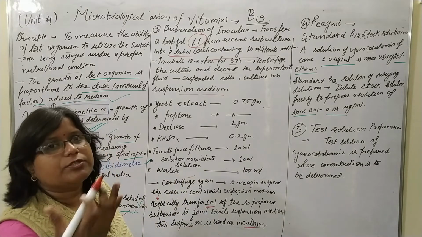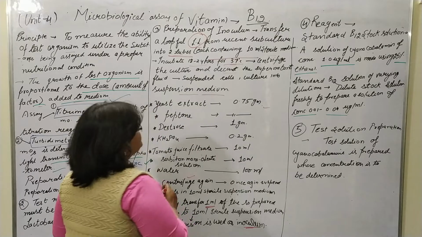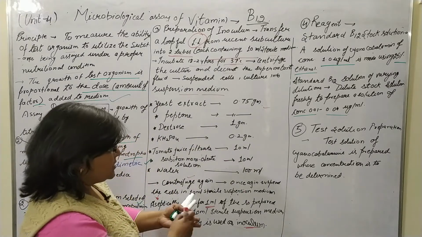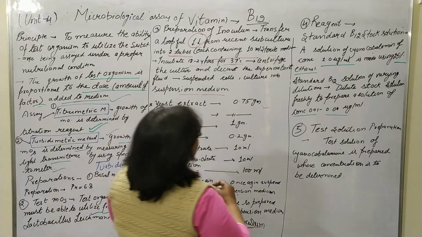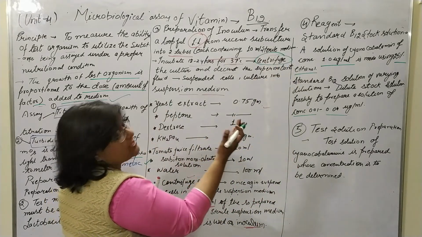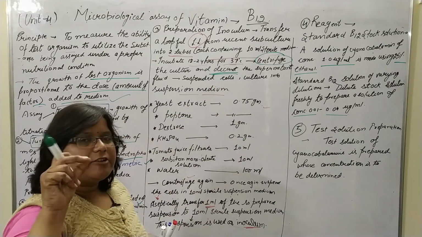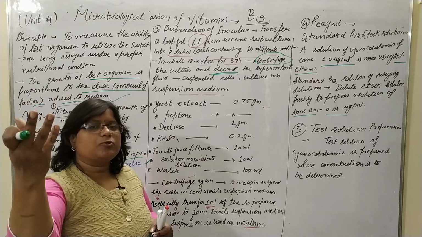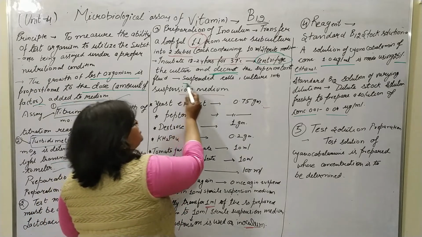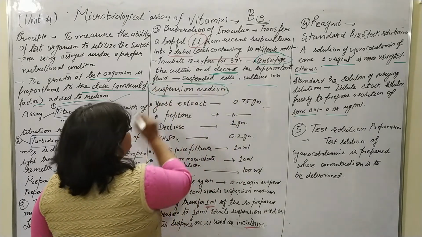Incubate those tubes for 18 to 24 hours at 37 degrees Celsius, and after the incubation period is over, centrifuge the culture and decant the supernatant. Then take the suspended culture and culture it into the suspension medium.